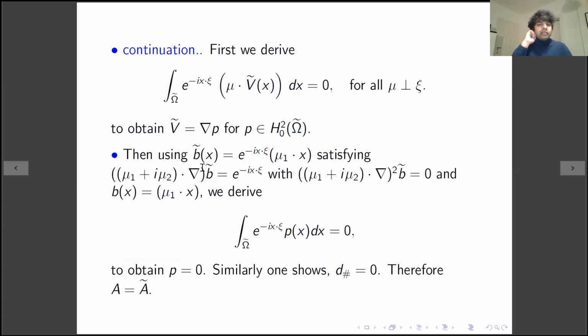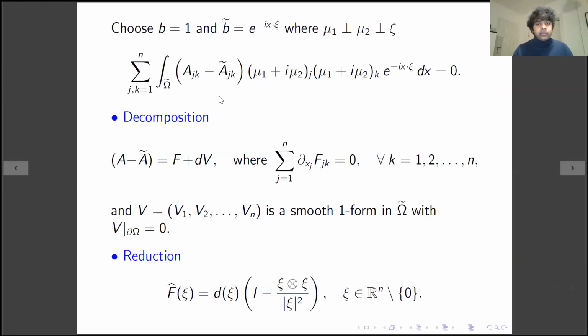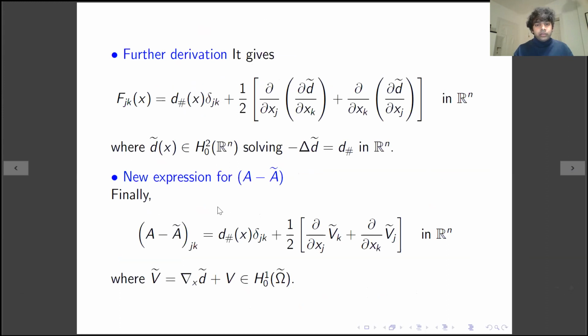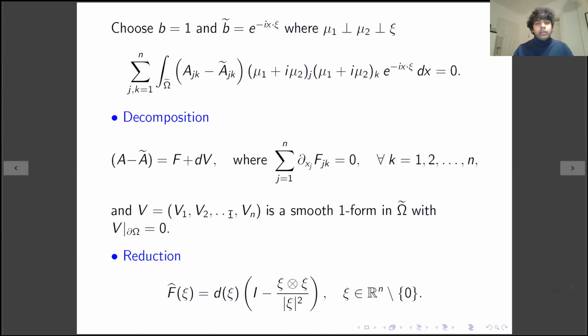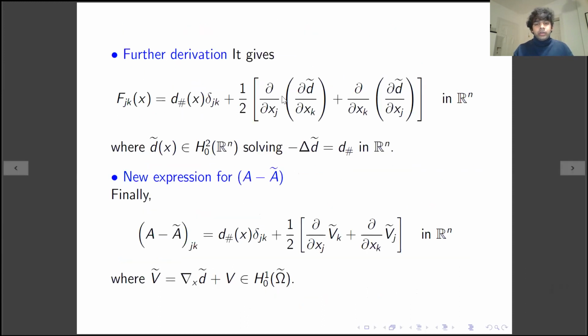Once I have that, you can prove this relation. You plug everything in, and as I mentioned, if you plug it here into a minus a tilde, the isotropic part immediately vanishes because mu1 plus i mu2 dot mu1 plus i mu2 is 0. So you don't see it there. Only the first order part will be there.